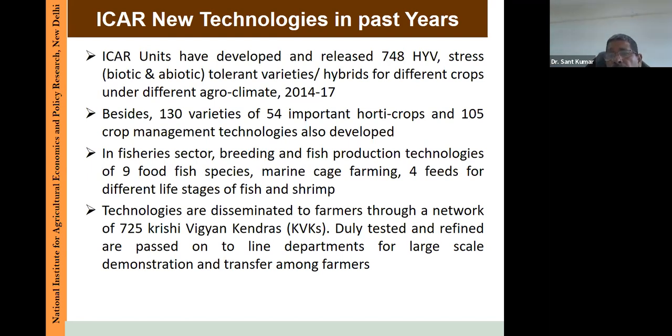Besides, 130 varieties of 54 horticultural crops were developed, and in fisheries, breeding and fish production technologies. The technologies are disseminated to the farmers through a network of Krishi Vigyan Kendras, duly tested, passed through the state line departments for larger demonstration.